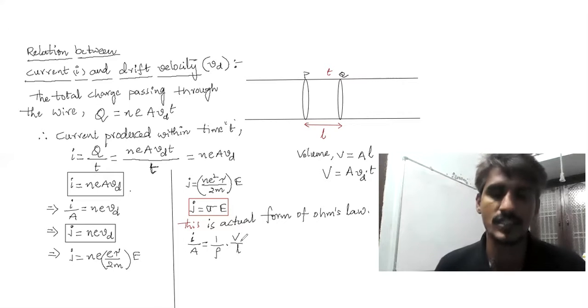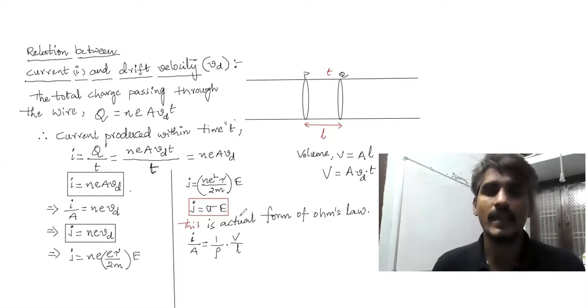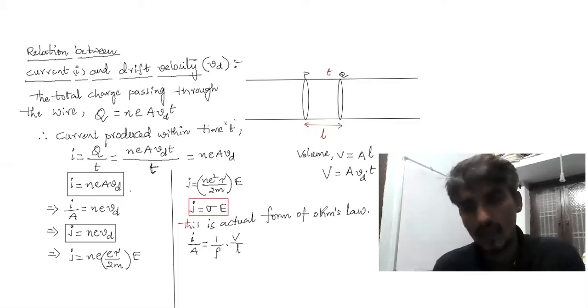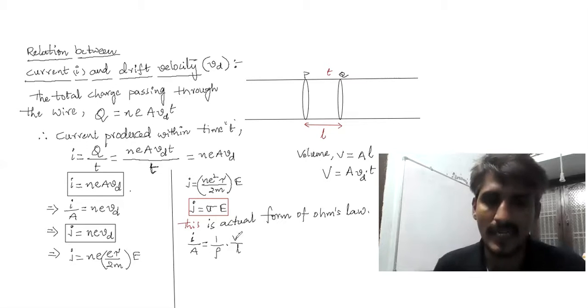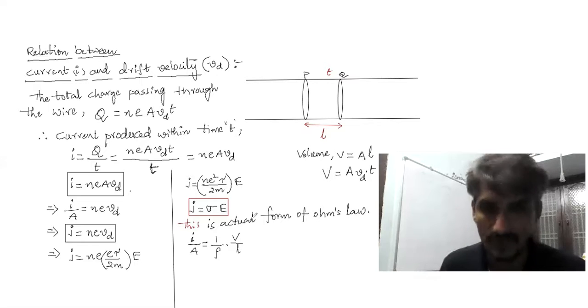I'll tell you what potential difference is, and you might have already observed in electrostatics what is meant by electric potential and potential difference, right? There is a relation between the electric potential and the field, which can be written as E is equal to V by L. Actually, we have to write it as dou V by dou L, but now I'm writing it as V by L. We have to assume that these are all small values.